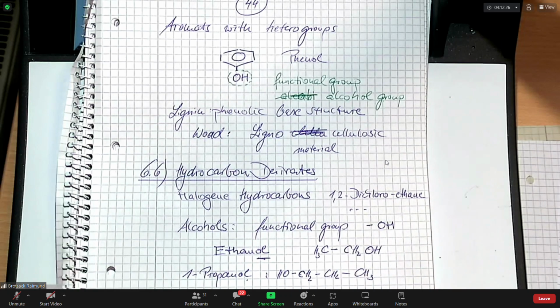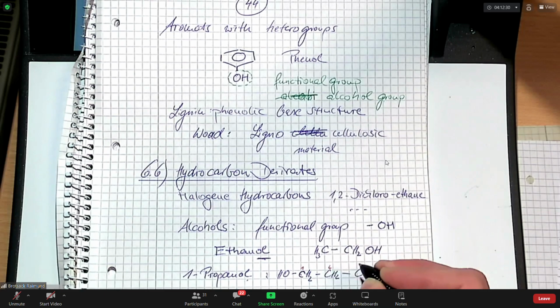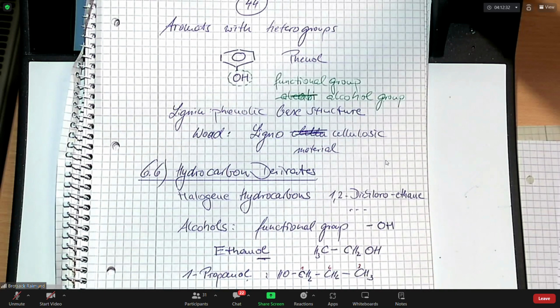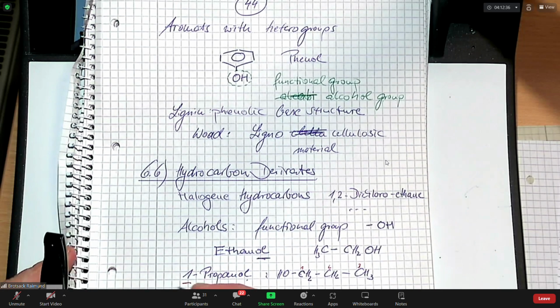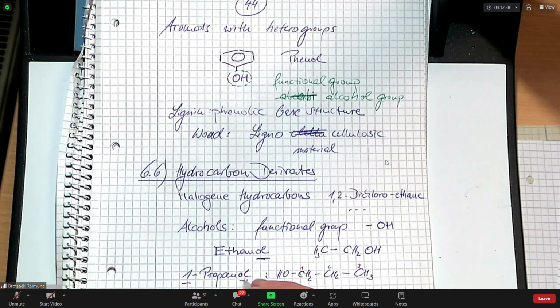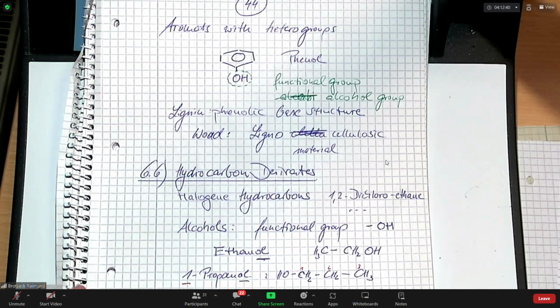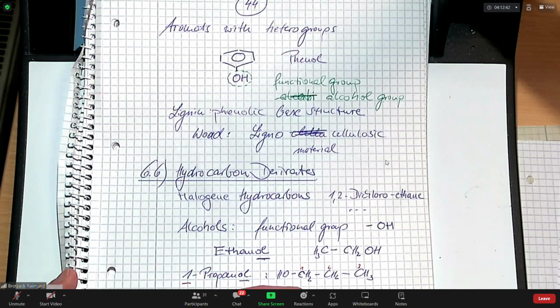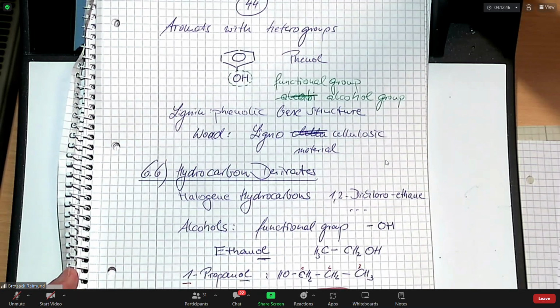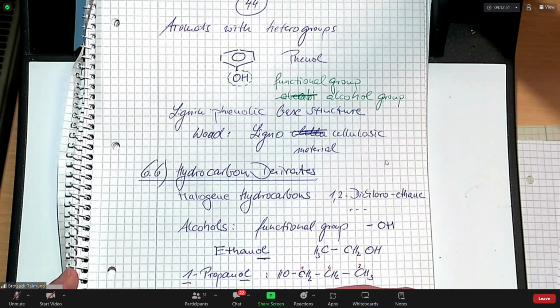That's the first one. 1, 2, 1-propanol, symbolizing here on the 1 position, we have the alcoholic function. When we talk about the 2-propanol, then we have the alcohol function on the second one, CH, OH, CH3.